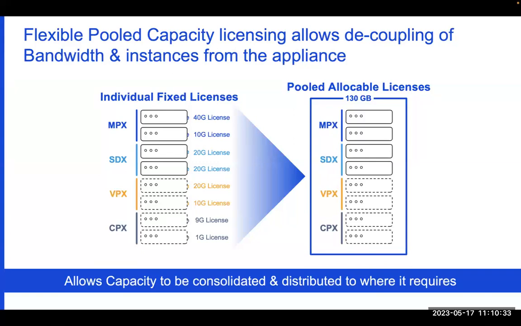Instead of getting them to buy a fixed capacity subscription on the appliances, there may be a scenario where more benefits can be positioned for the customer by consolidating all the capacity onto a single pool and then allocating from that pool to the various NetScaler assets that the customer is going to be deploying, thereby making that capacity flexible in shifting wherever the demands require. So that is the main idea for pool capacity licensing.